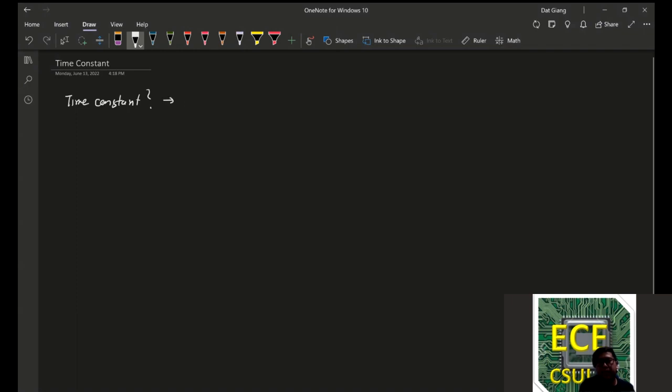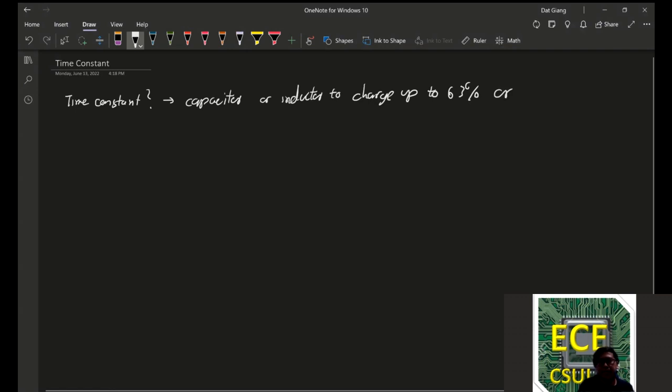That's the time it takes for a capacitor or inductor to charge up to 63%, or for current to drop down to 37%. Now, where do these numbers come from? Well, let's take a look.